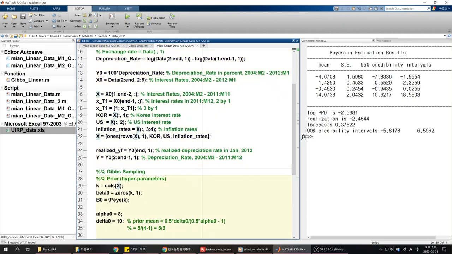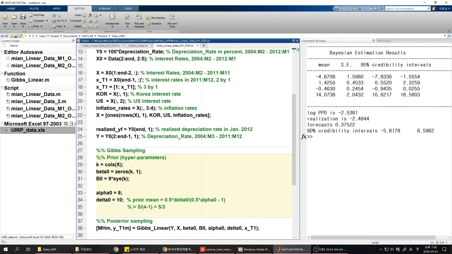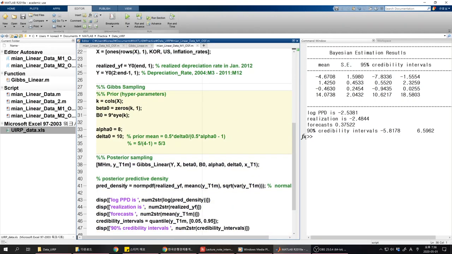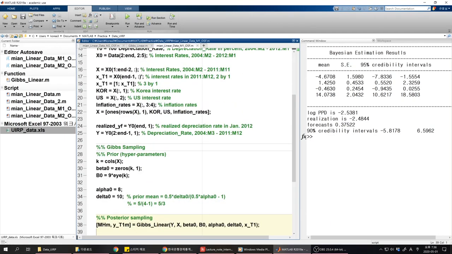X now has 5 columns, but this code is still general, so nothing to change. Here, this function is also generic, so nothing to change. What about this? Nothing to change.